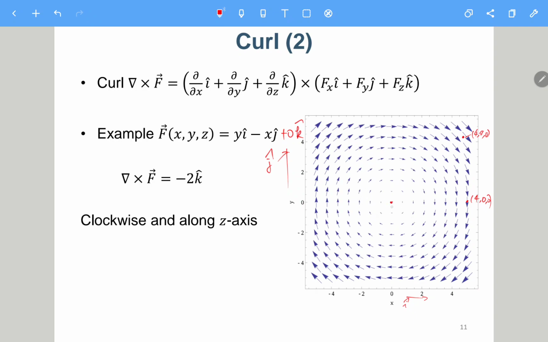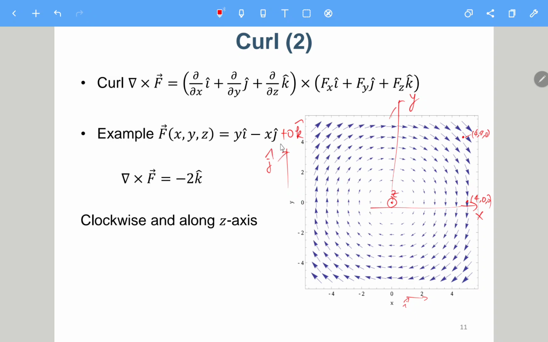The z axis should be pointing out of the page, because this is the positive x direction, this is the positive y direction, and x cross y is the z direction, so z should be pointing out of the page. So you can see the F field is rotating around the z axis.